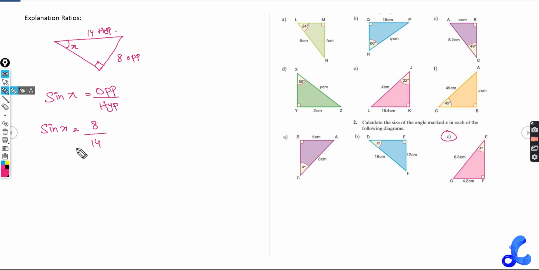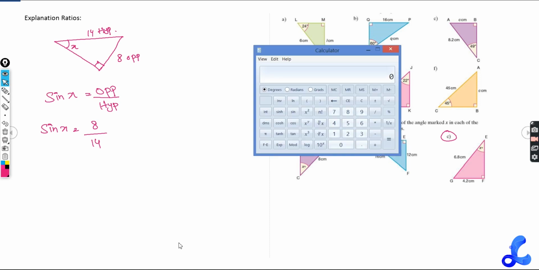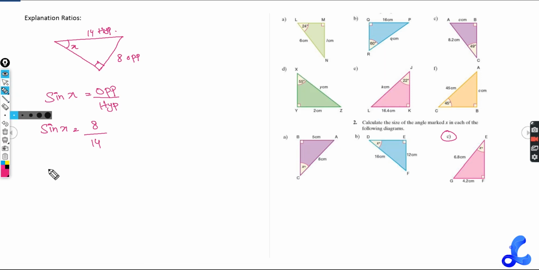What you need to do with 8 and 14, you can find out a decimal value for that, that is fine. So 8 divided by 14 gives you 0.57, right? So 0.57 is alright. Sine x equals 0.57.